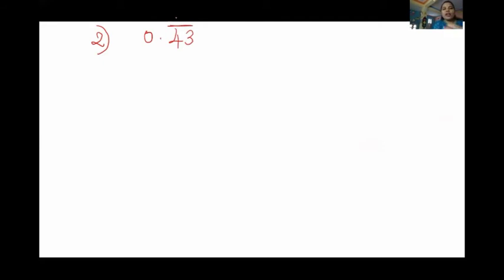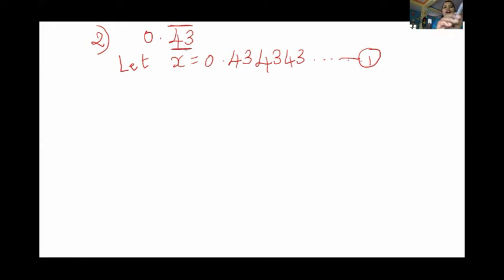Here also we have to follow the same steps. Let x equal 0.4343, repeating, because 43 is recurring. Understood? 43 is recurring. This is called equation 1. Now here two decimals are recurring, right? So we need to multiply this equation by 100.